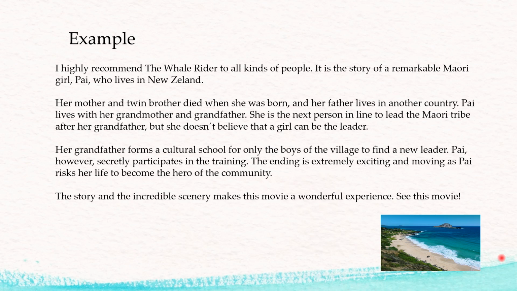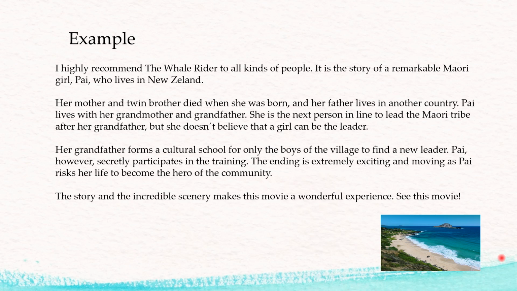Now, if we analyze this review, we can check first that they provide essential information. What is the principal topic or plot of the story? Then understand the audience. In this case, it is recommended for all kinds of people. Also, they explain the feelings that this ending shows, but they don't specify the ending.